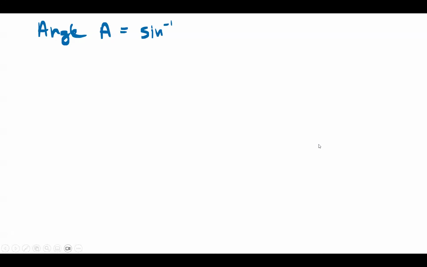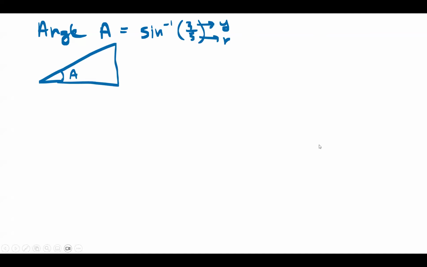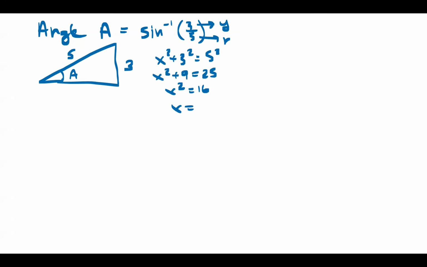So let's build our angles here real quick. Angle A is sine inverse of 3/5. I know I'm in quadrant 1. The angle looks like this. I know that my y value is 3, my r value is 5, and I use the Pythagorean theorem to figure out my x value. Are we good with 4? Good there. That's a 4 there.